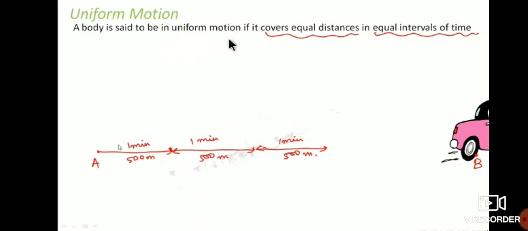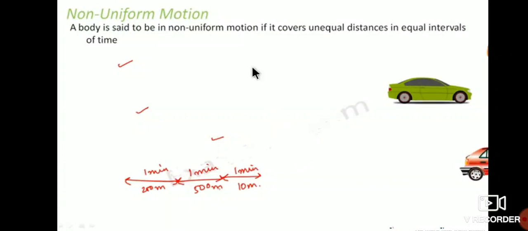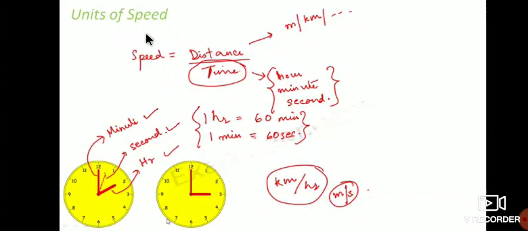Here, the object is said to cover equal distance in equal intervals of time. That is called uniform motion. And we studied non-uniform motion, that is, the object covers unequal distance in equal intervals of time. That is called non-uniform motion.